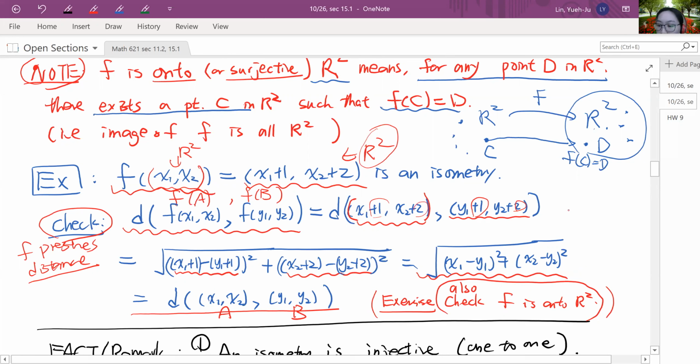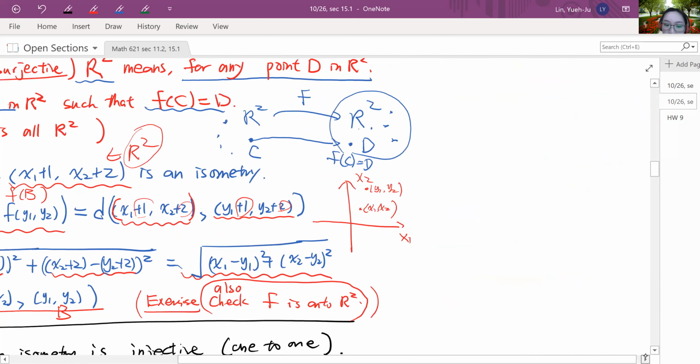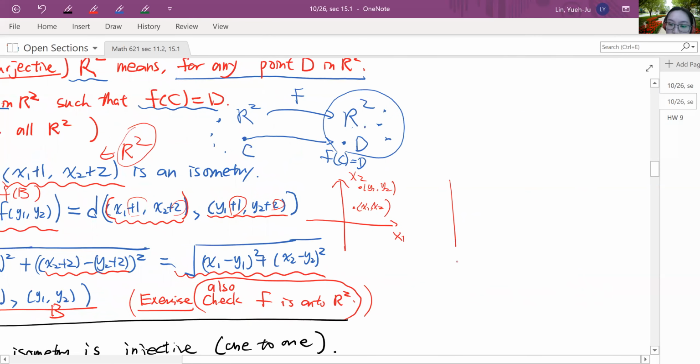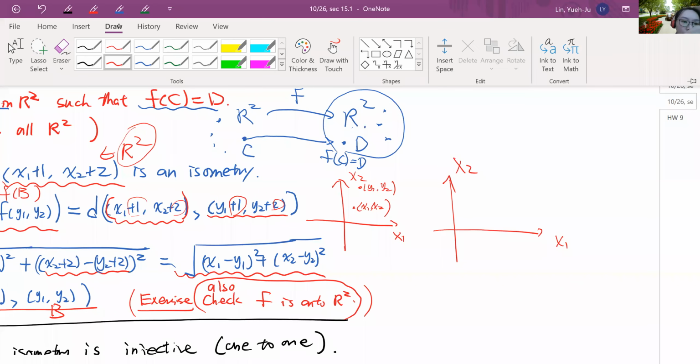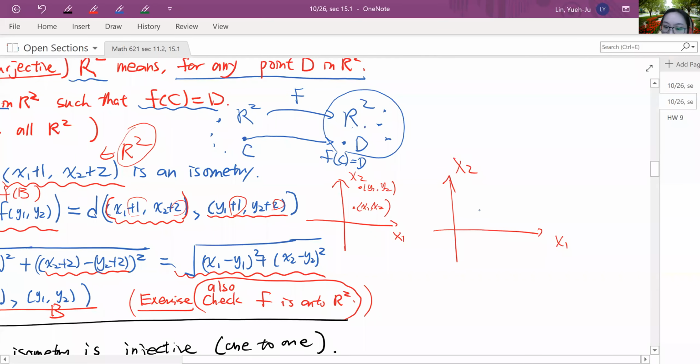If you want to see the picture, say this is R2, and you have some point here, x1, x2, and some other point y1, y2 here. Then they get mapped to, you shift it, right? This is some kind of shifting. You shift by 1 in x and by 2 in y, so maybe here.